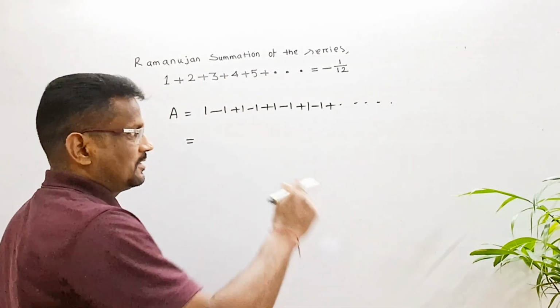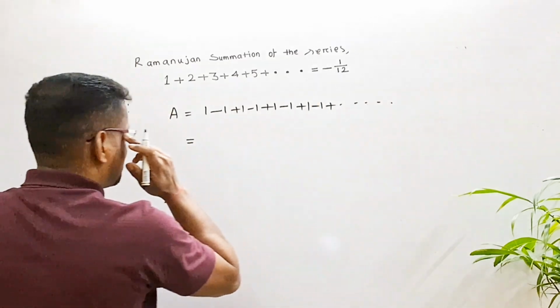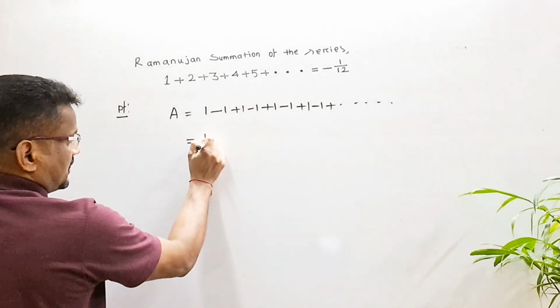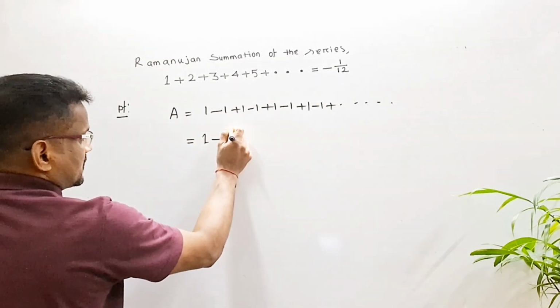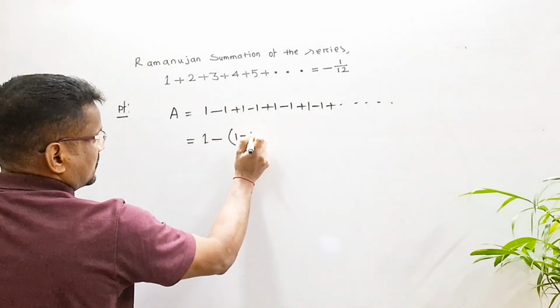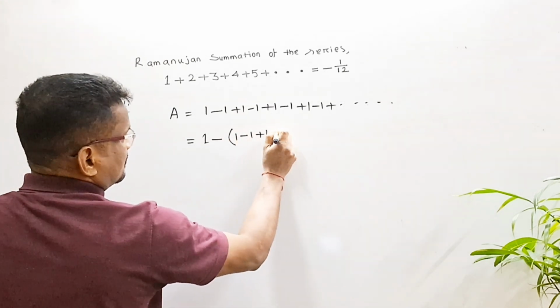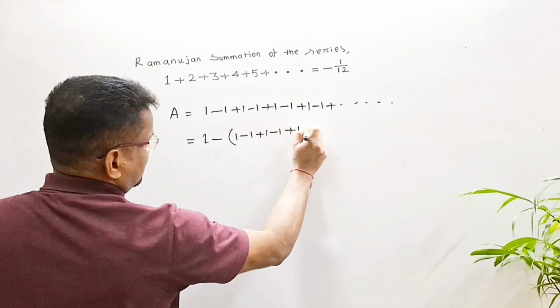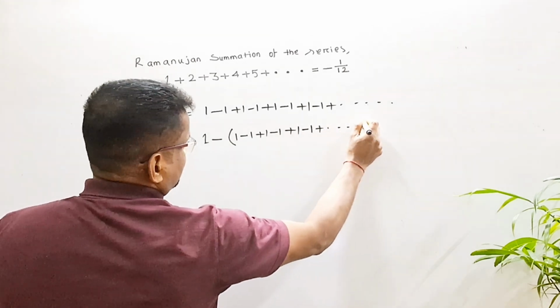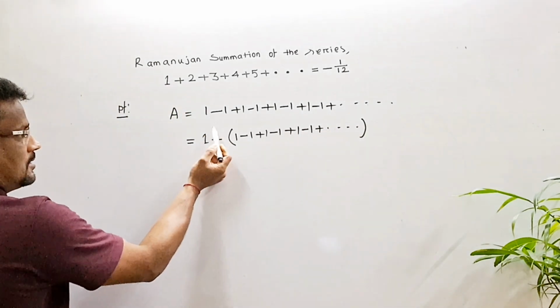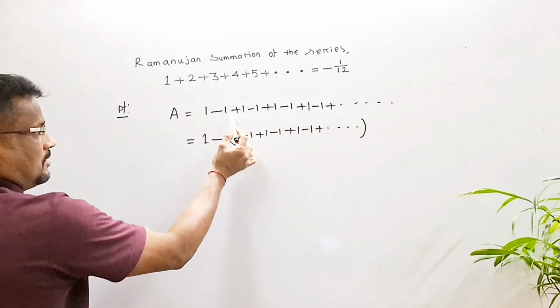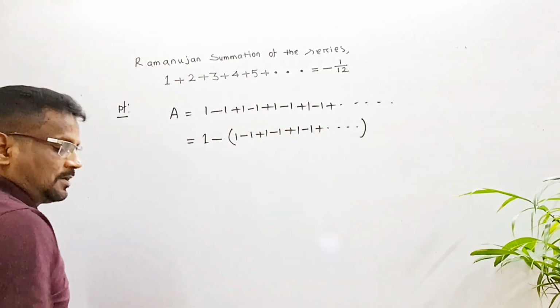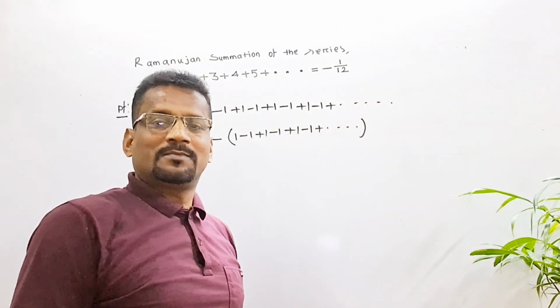That way, it is entirely 0. But if we write it like this, A equals 1 minus, then 1 minus 1 plus 1 minus 1 plus 1 minus 1 plus and so on. So 1 minus, within the bracket all the signs are reversed. That way we can write this.